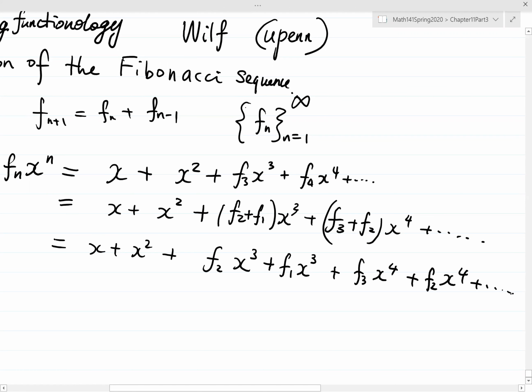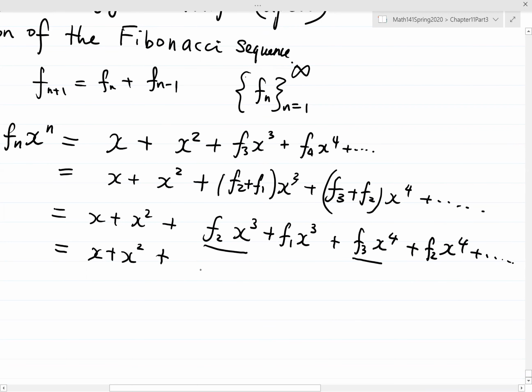Now we group it in another form. x plus x squared. Now this term is this term, we put them together. So this is f2 x cubed plus f3 x to the power 4.